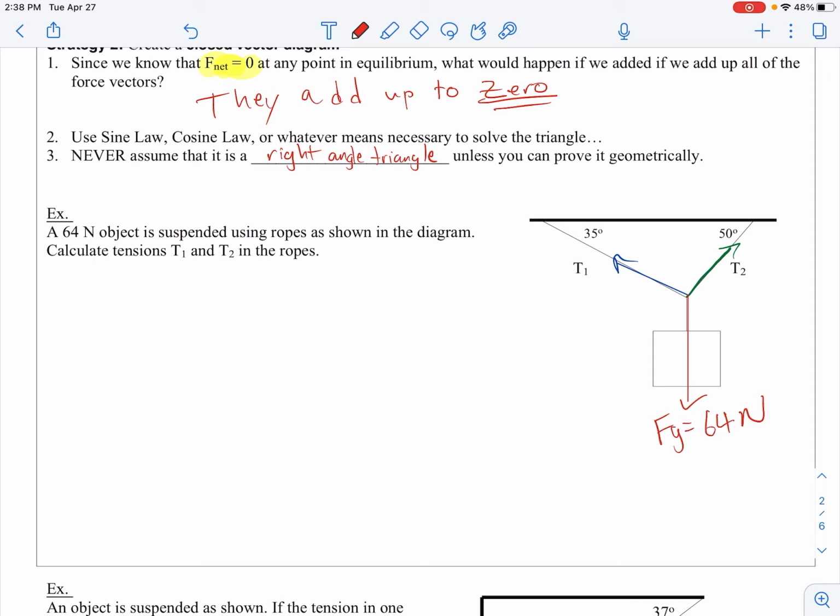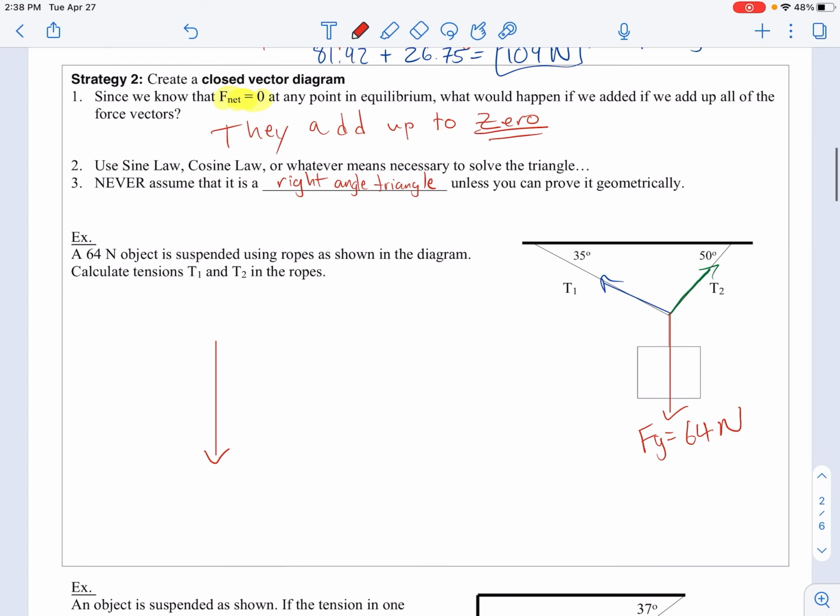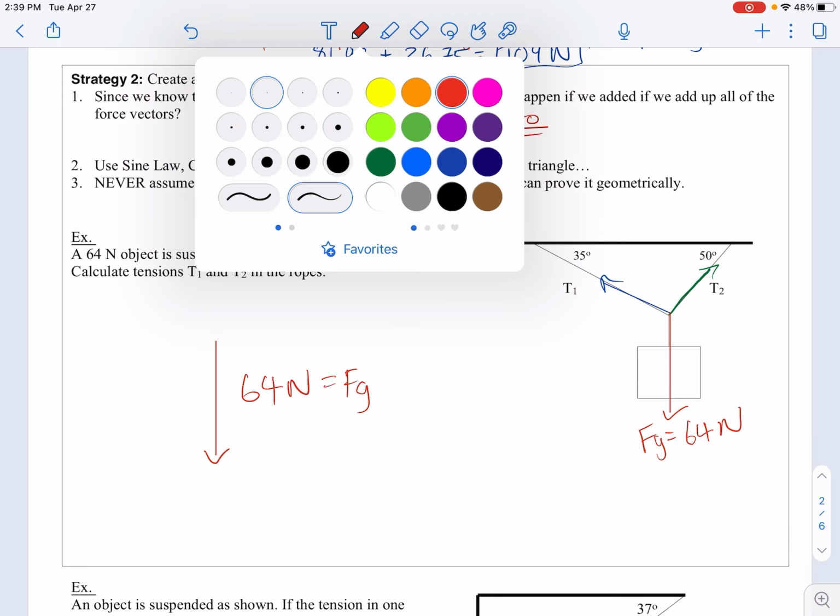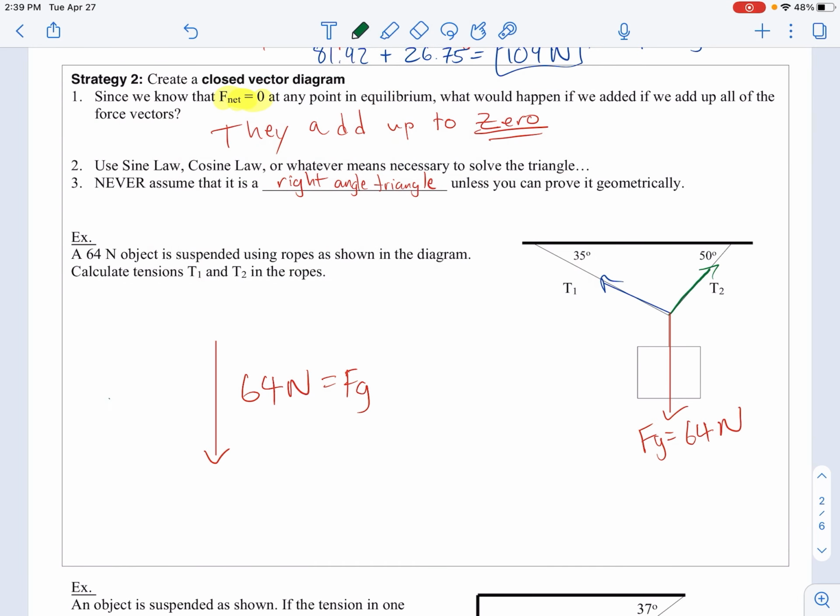What I'm going to do is add up all these vectors together. So I have my mass here, which is Fg, I have T2 over here, and I have T1 over here.